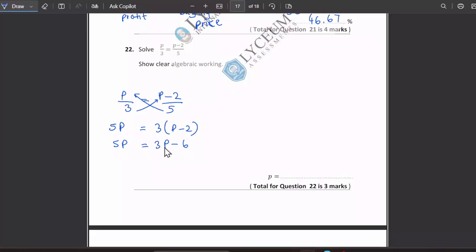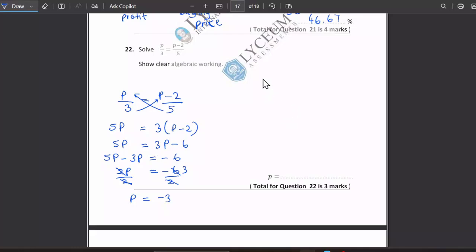Okay, now get rid of this 3P. I move it to this side. Now we have here 2P equals minus 6. Divide both sides by 2. So I get P equal to minus 3.